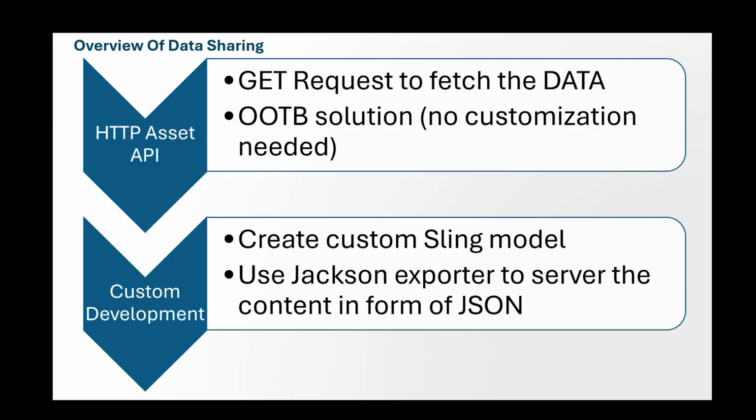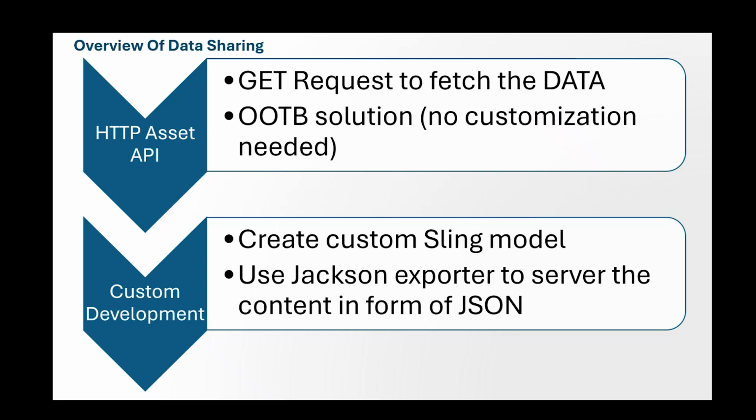When we are talking about HTTP asset API, that is again an out of the box provided API where you can do all the operations that you can do through the UI. The same operations you can also perform through the asset API.